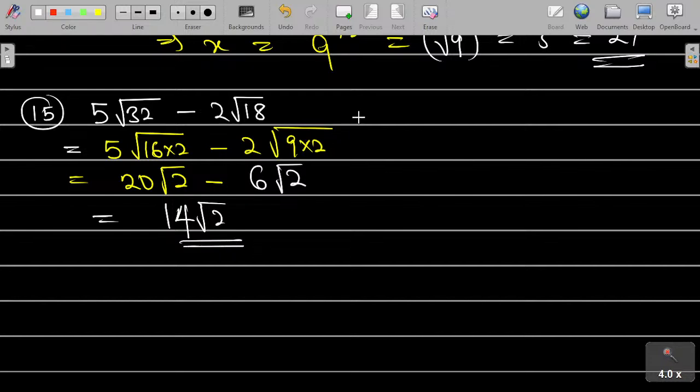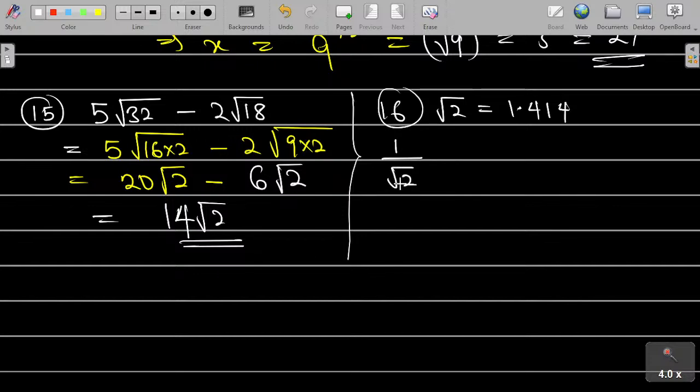Okay, so let me do 16 somewhere here. So 16 says that we are given that root 2 is equal to 1.414 approximately. It says without using tables or calculator, find the value of 1 all over root 2.